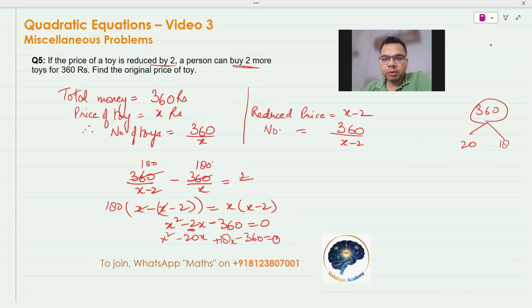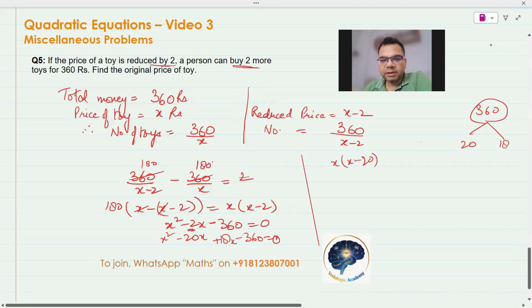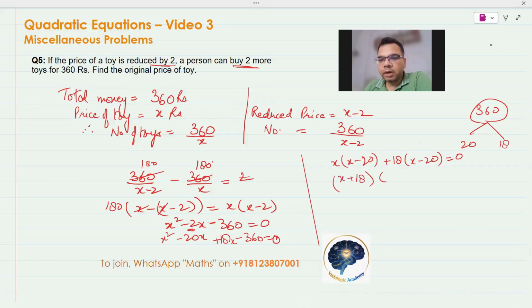So what I'm going to do now is take x common here, x minus 20, and I'll take 18 common from here. It will become x minus 20 again. So it will be x plus 18 or x minus 20 equals 0.